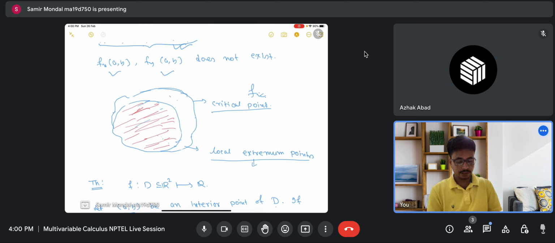So what are these other points? At the local extremum points, we can compare the function value: either f of x is less than or equal to f of (a, b), or greater than or equal to. Extremum means either maximum or minimum, so at those points we can compare the functional values either way. But at these other points we can't compare.